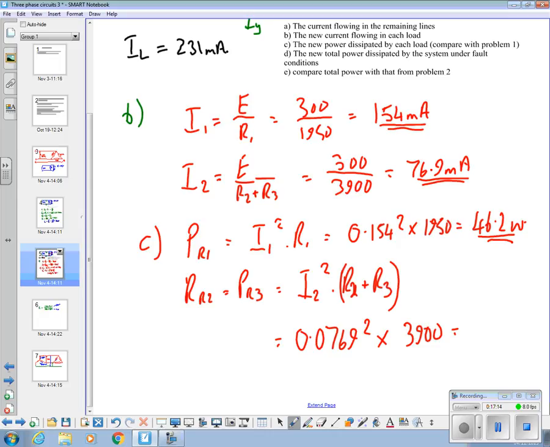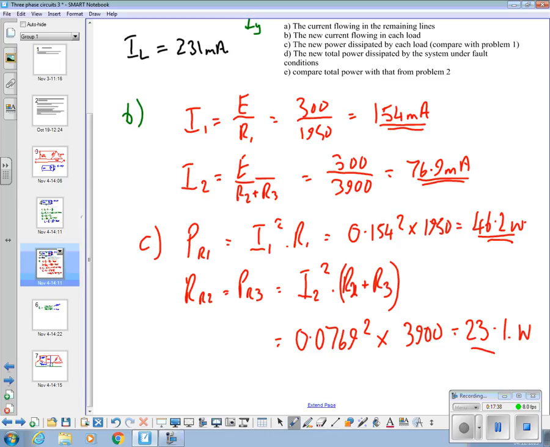Oh no, I can see what I've done on this piece of paper. It's alright, my answer's wrong. I've put 1950 there instead of 3900.